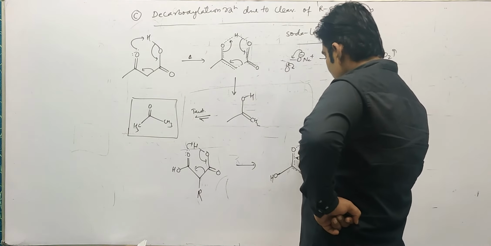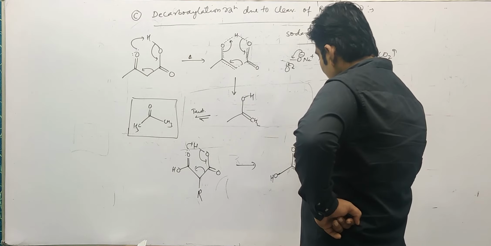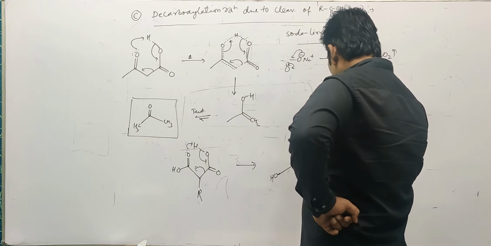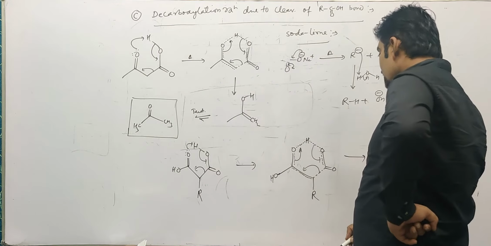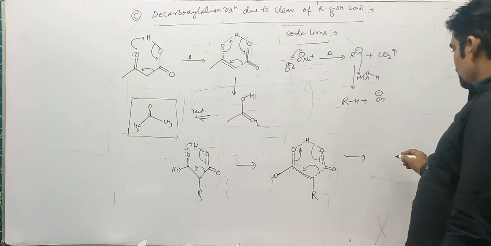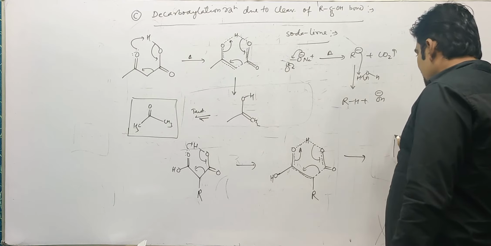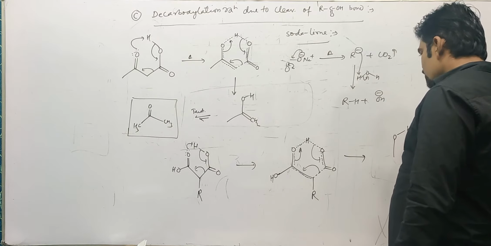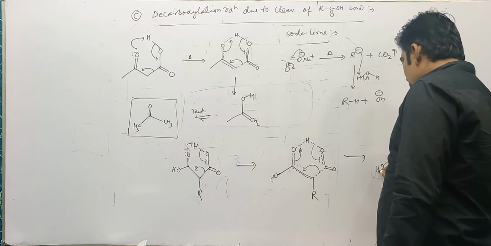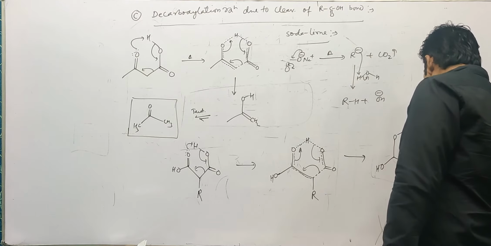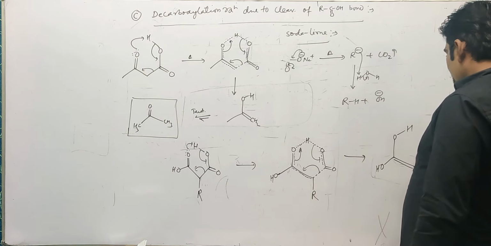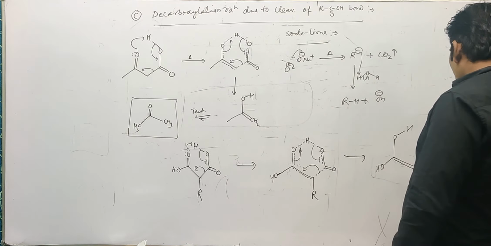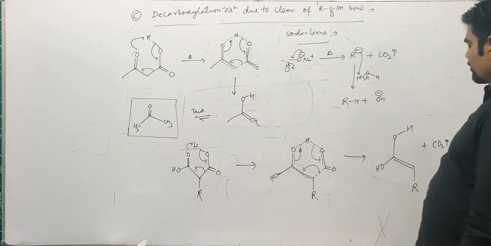From this transition state, because we know that whenever heating is there, pyrolysis reactions proceed in a concerted mechanism through the formation of a cyclic transition state. Over here we have OH, and over here R. Now there is a double bond over here, and this is eliminated in the form of carbon dioxide gas.